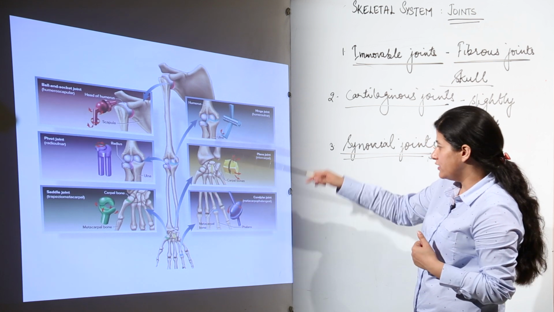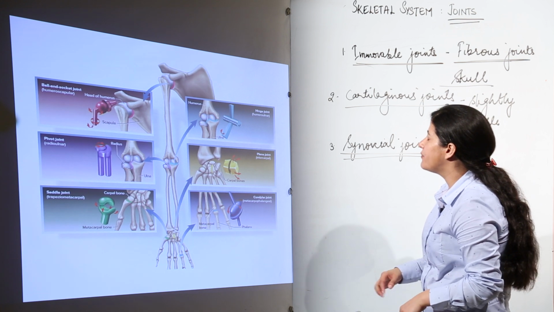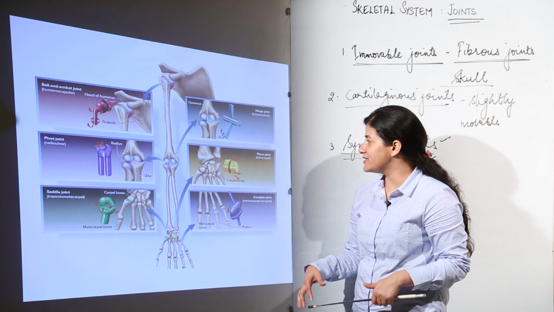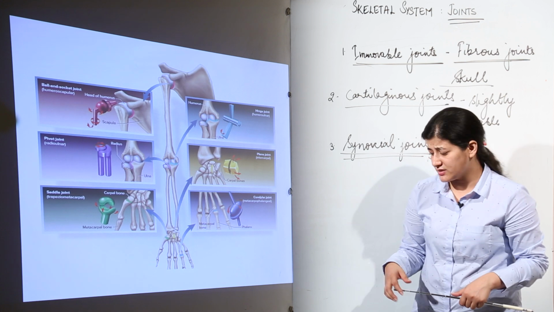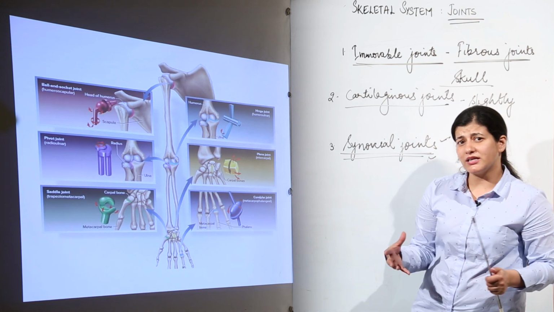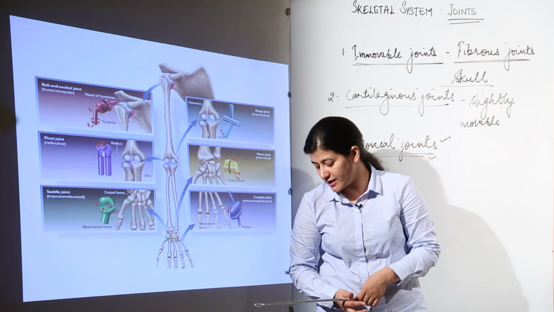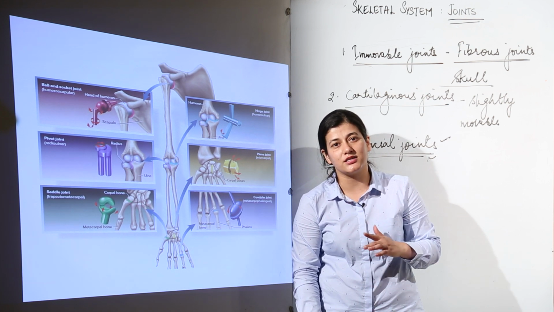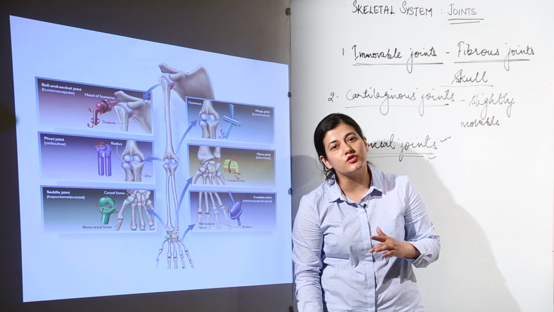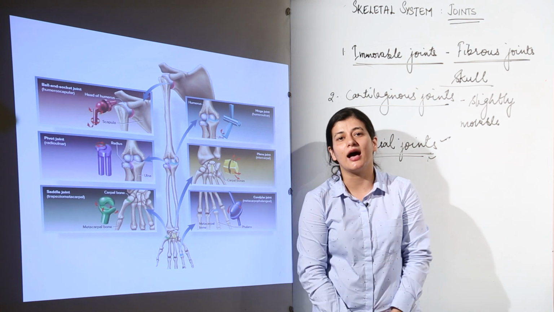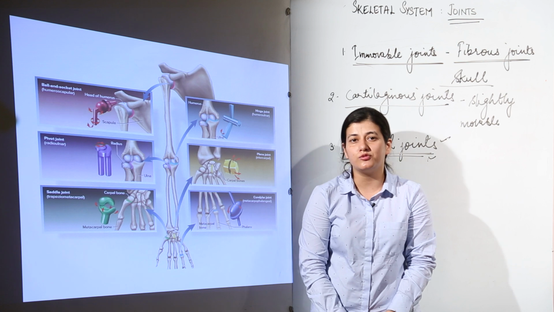So, we have the different types of joints present in our limbs itself, and I hope it is quite clear by now that our skeletal system has different types of joints, out of which synovial joints are important, and our syllabus confines us to understanding the different types of synovial joints and how movement is brought about by those joints.